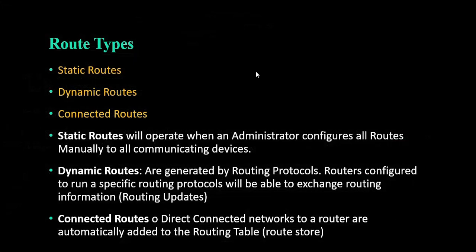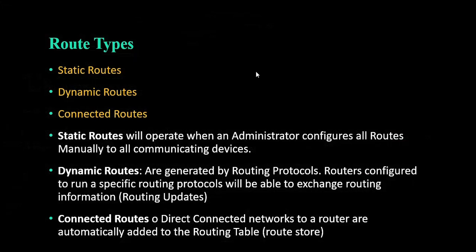So the administrator has the task to configure all the routes that are connected to any device, to each device within a network. Such kind of routes is known as static routes.